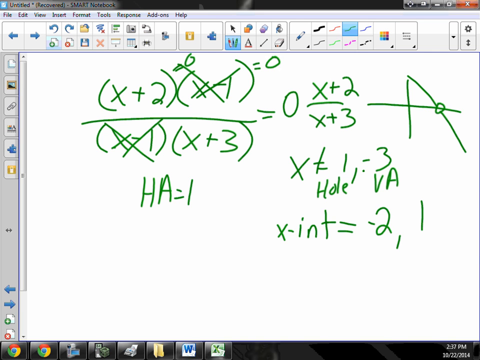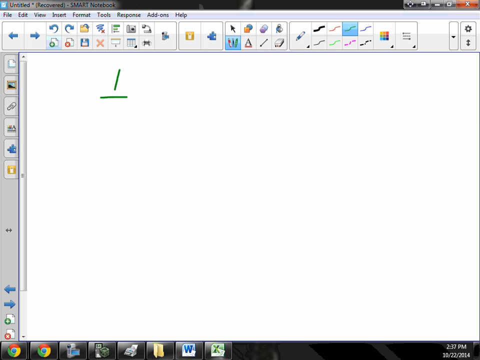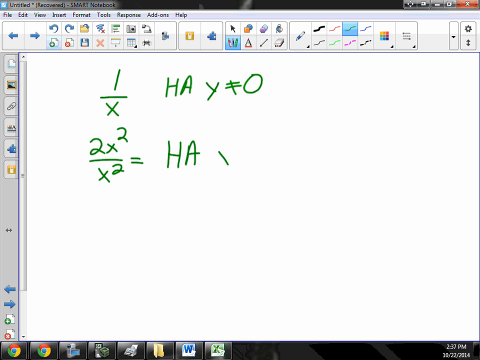So if we end up with 1 over x, then your HA is y cannot be 0. Let's say 2x squared over x squared, then your HA is y is not allowed to be 2, because your x's cancel and you're left with 2.